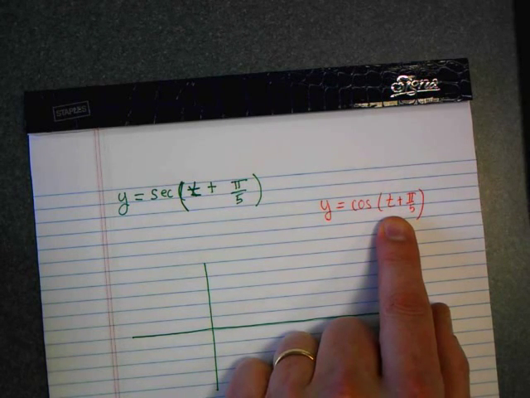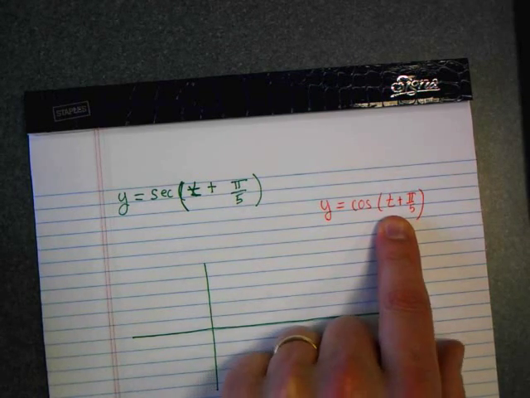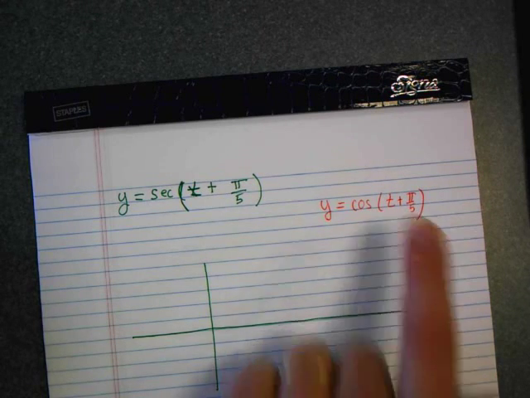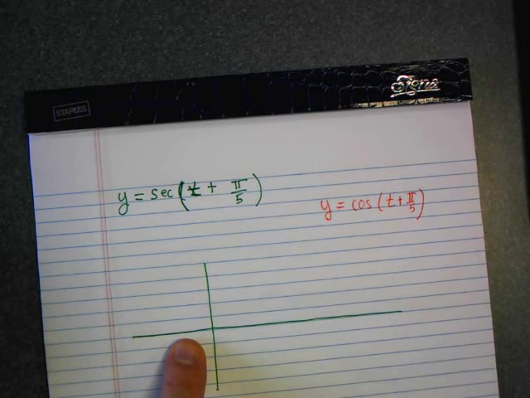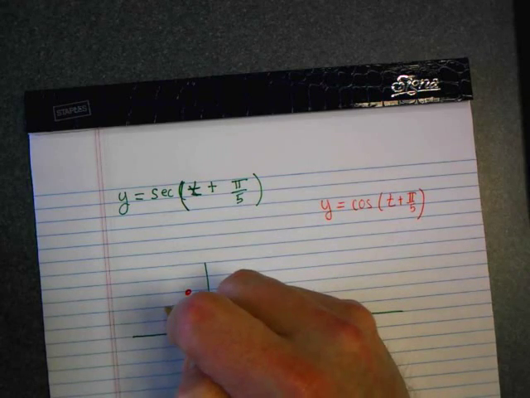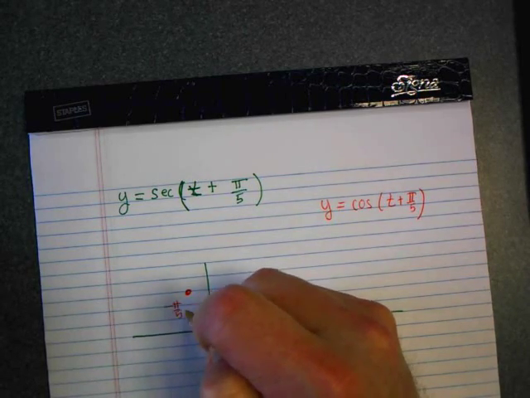It shifts the graph left. This is what we call a phase shift. So this graph is going to start where? Negative pi over 5, comma 1, because it's a cosine graph. So this starts at negative pi over 5, comma 1.